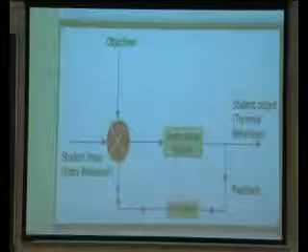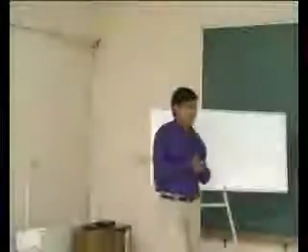Here, before coming, the academic staff college has designed some objectives.